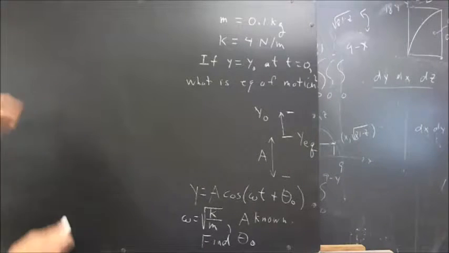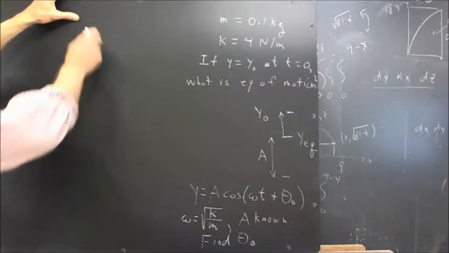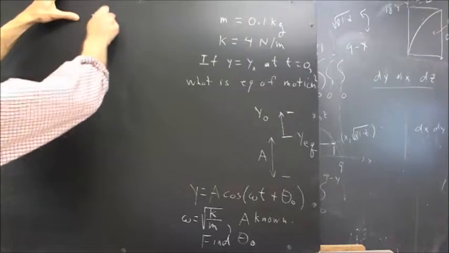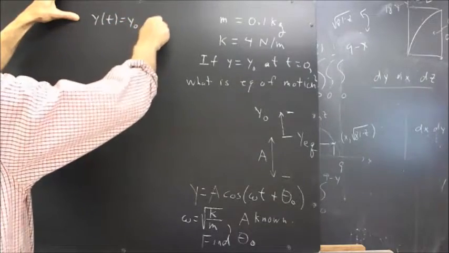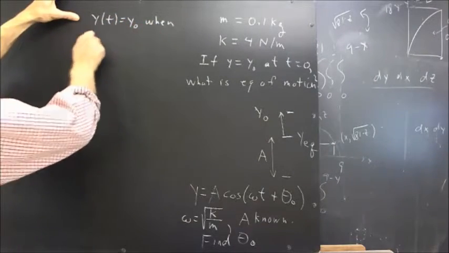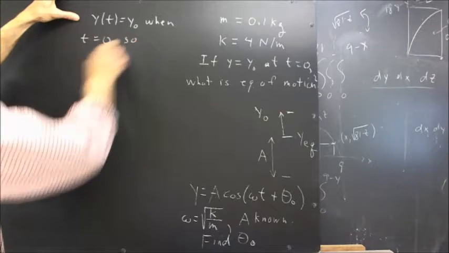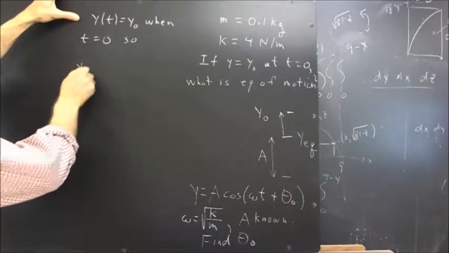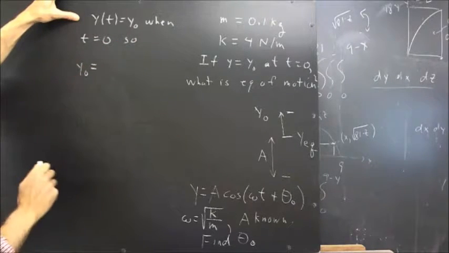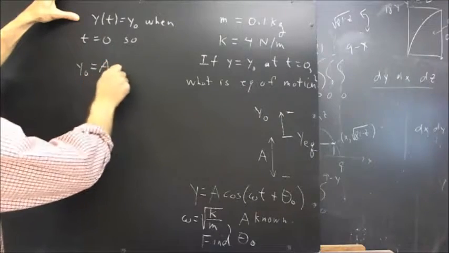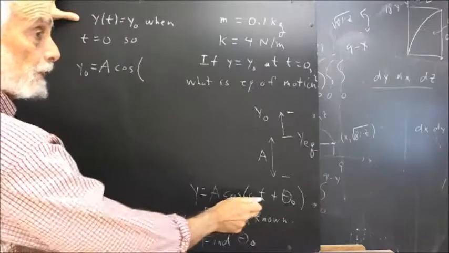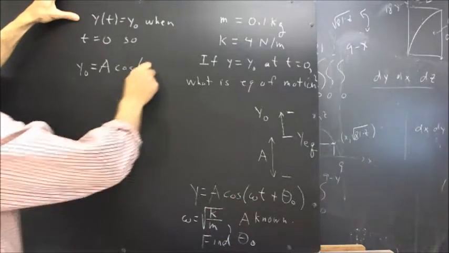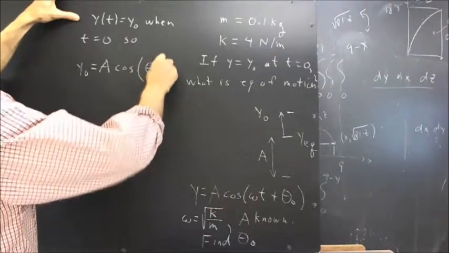Okay, it's not particularly difficult to find this. Y of t equals y naught when t equals 0, so we have y naught equals A times the cosine of omega t, but since t equals 0, omega t is 0. That's just theta naught.